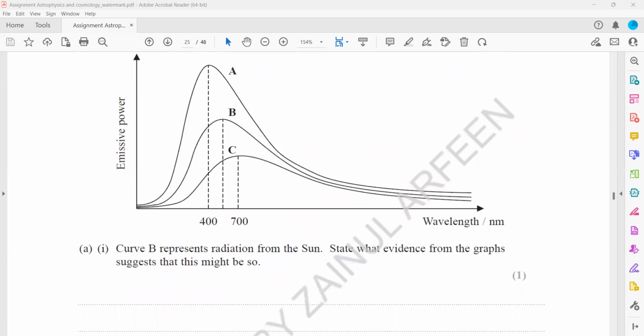The curve peaks at a smaller wavelength. As you can see, the star emits more blue or ultraviolet radiation, whereas the sun gives most within the visible region. The area under the curve is larger and the peak of the curve is higher, so the star has a greater power output.